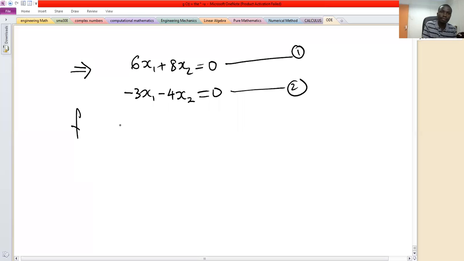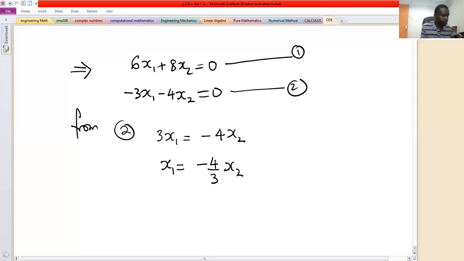So from 2, we say x1 equals minus 4x2, which tells us that x1 is the same as minus 4 over 3 x2, or in the same language, x2 is the same as minus 3 over 4 x1.